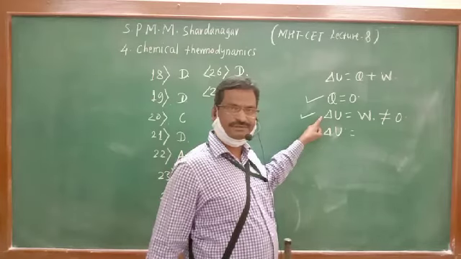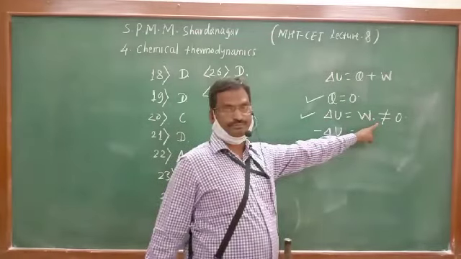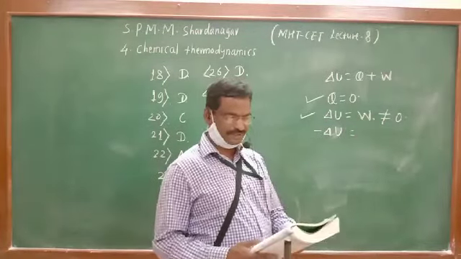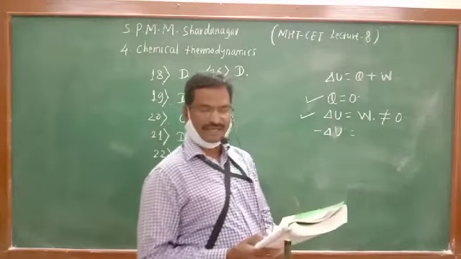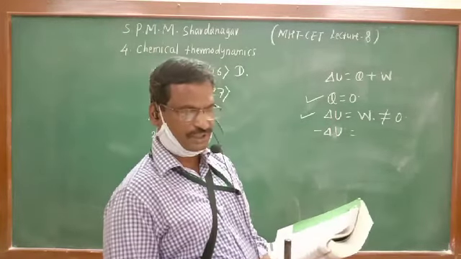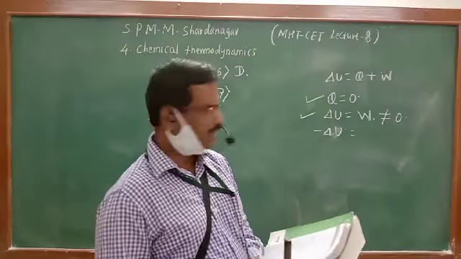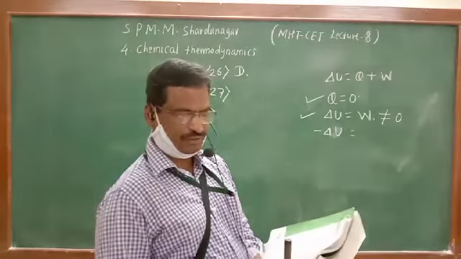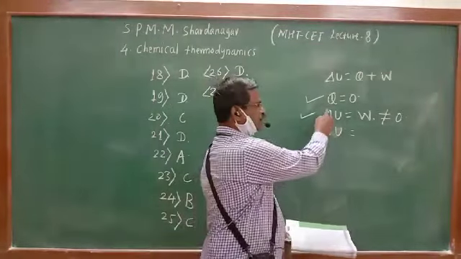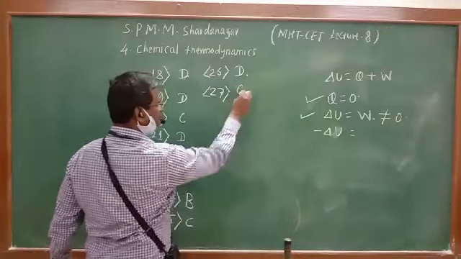If delta U is plus, work done is also positive. So work done is not 0. See the options based on that. Option A is delta U is equal to W is equal to Q is equal to 0. That is wrong. Second, delta U is equal to 0. That is wrong. Third, delta U is equal to W is not equal to 0 but Q is equal to 0. So option C is correct.